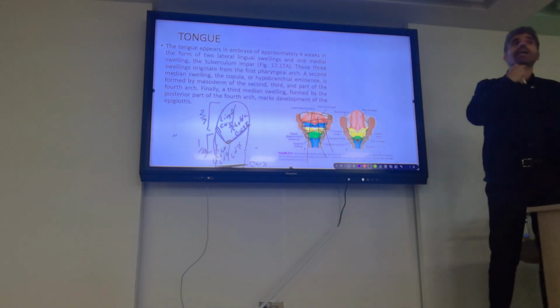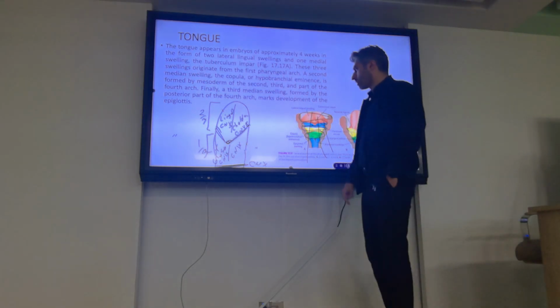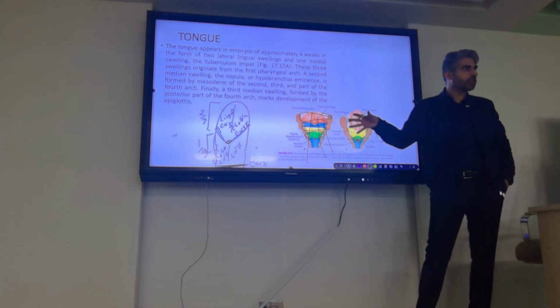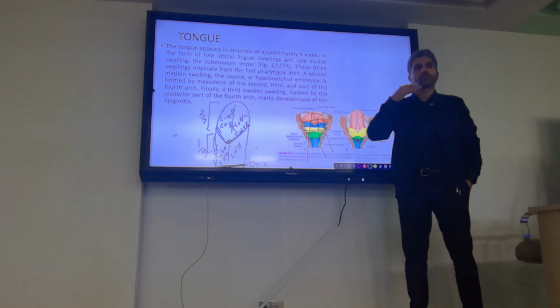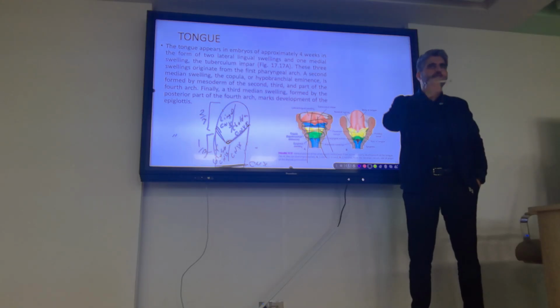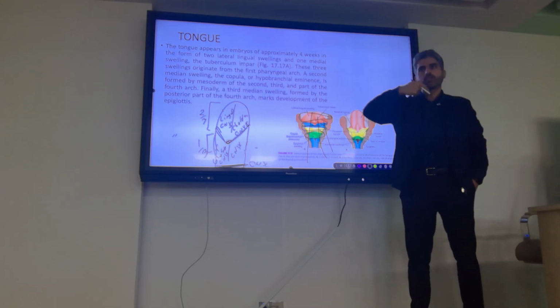Yes, the thyroid gland also is formed here between the arches in the tongue, between the anterior 2/3 and posterior 1/3. Then the thyroid gland goes down to the anterior side of the larynx and trachea. We say thyroglossal duct.